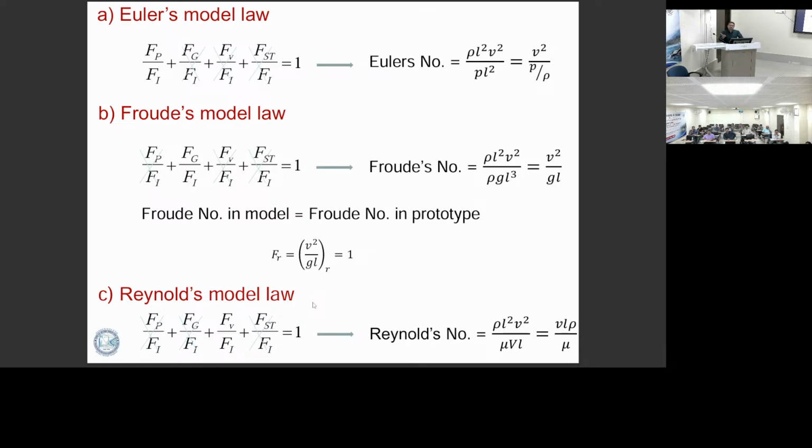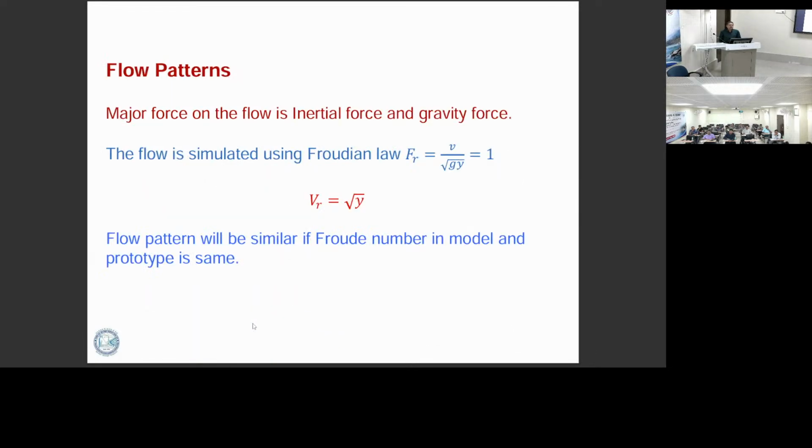Third one is Reynolds model, viscous force. That comes to what I told you earlier, that turbulence is not being created. So how to create turbulence, then this number comes into the picture. I will explain the values later. So now the flow pattern: the major forces on the flow are inertial force and gravity force.